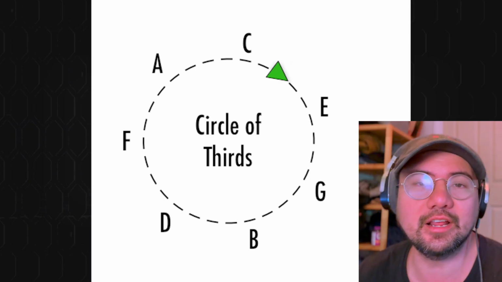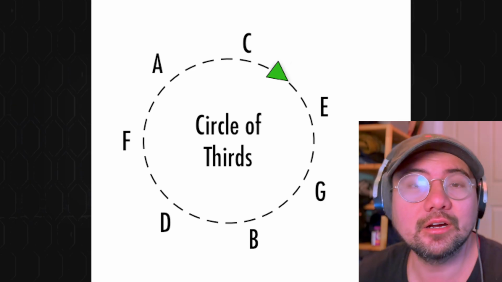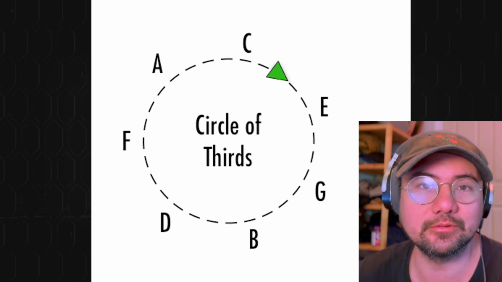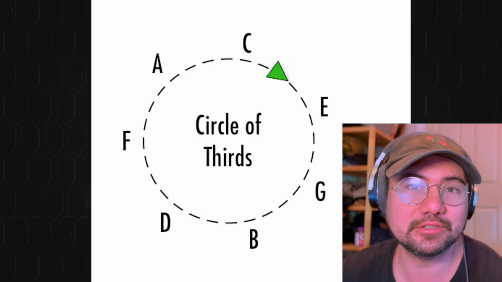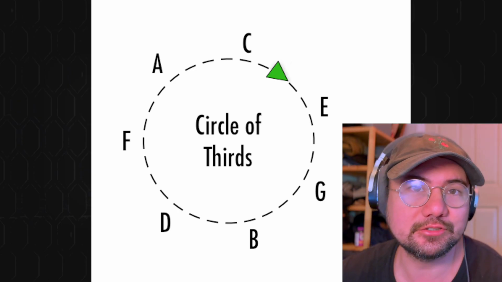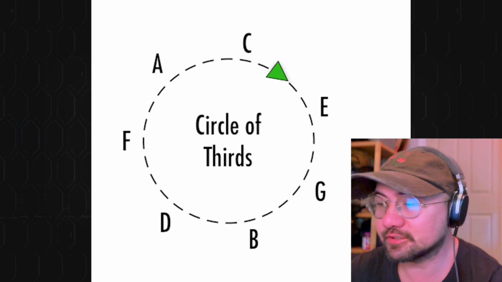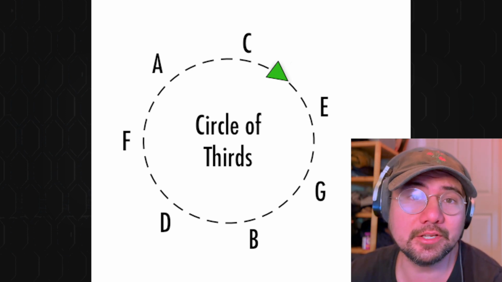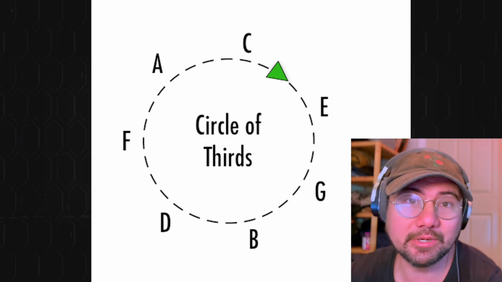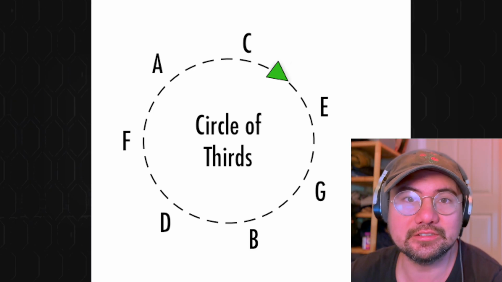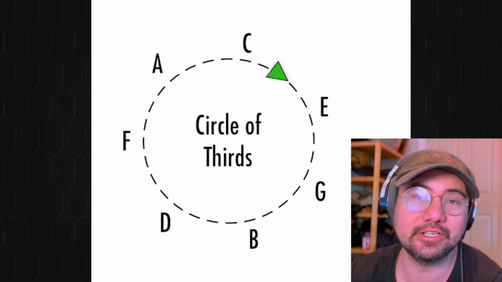So you'll notice that an A minor and an E minor will have similar sounds to a C major because they share 2 notes. An A minor shares 2 notes with a C major, and an E minor shares 2 notes with a C major. So when you're choosing chords, if you interchange an E minor or an A minor where a C major was in a song, you'll notice that they have similar tonal qualities, and that allows this interchange to happen.